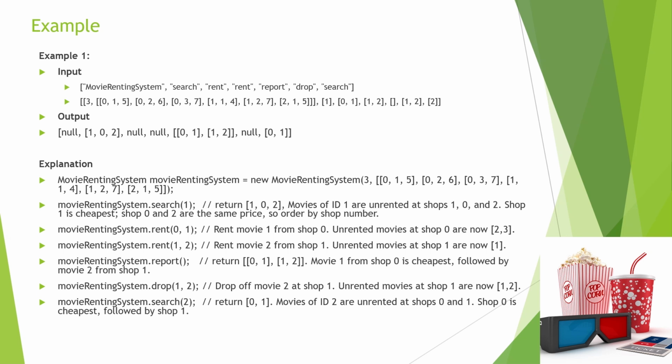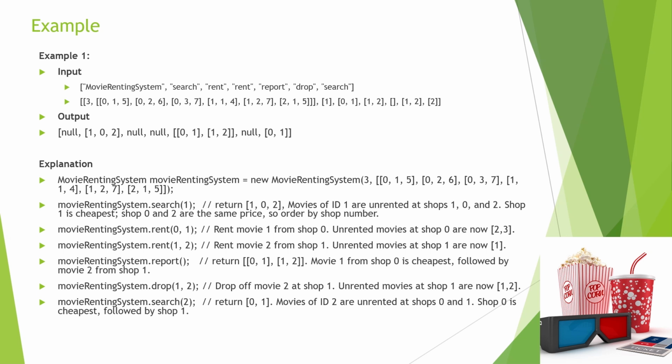I have three shops, with IDs 0, 1, 2, and there are certain entries: 0 1 5, 0 2 6, 0 3 7, 1 1 4, 1 2 7, 2 1 5. What these essentially represent is: shop 0 has movie 1 with price 5.